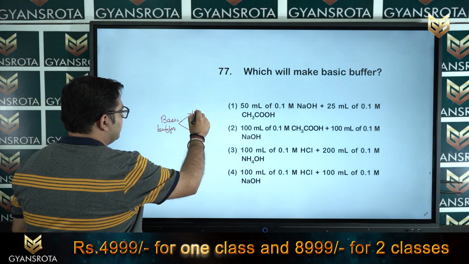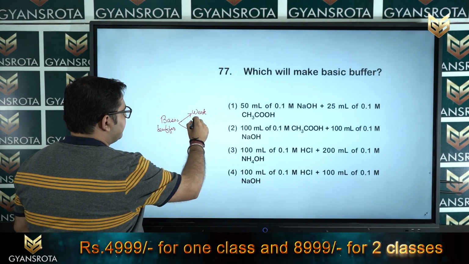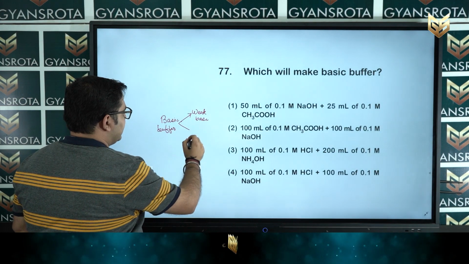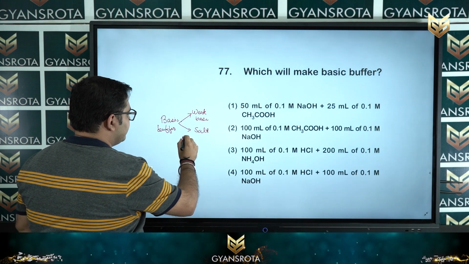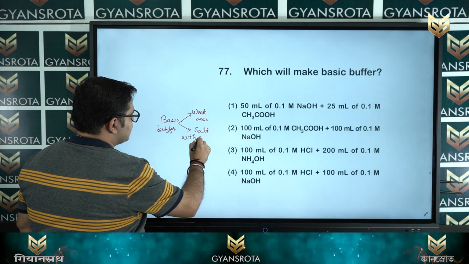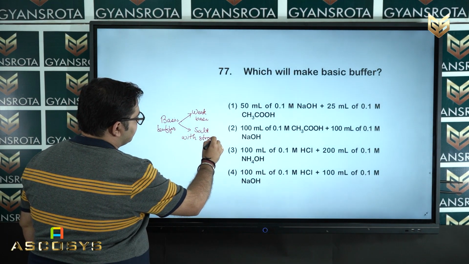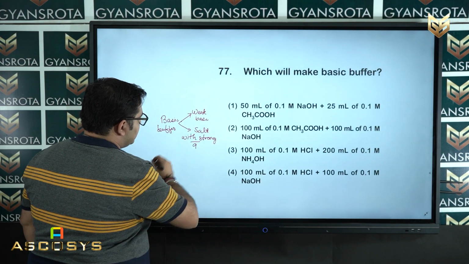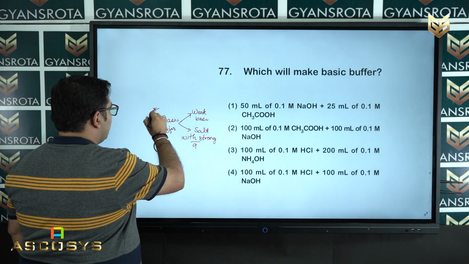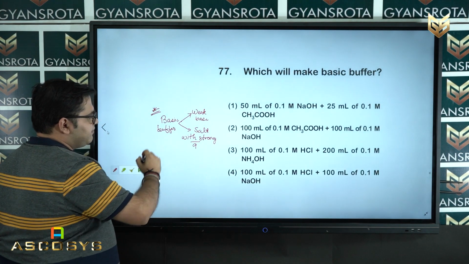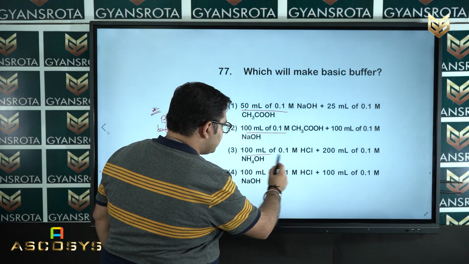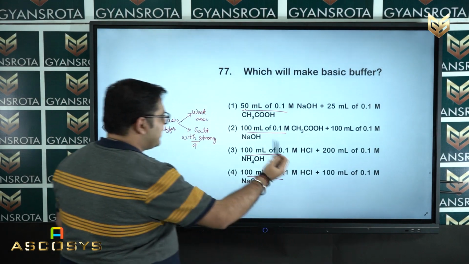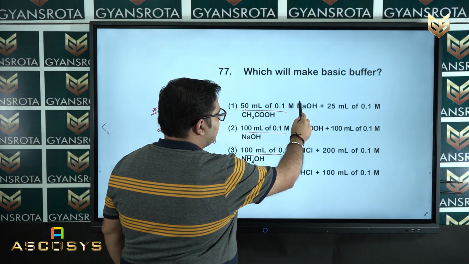One is your weak base and another one is your salt with strong acid. So, it is just kind of a trick, or you can remember it as a concept. So, just forget about these numerical values. No need to remember these numerical values, directly concentrate on these chemical formulas.